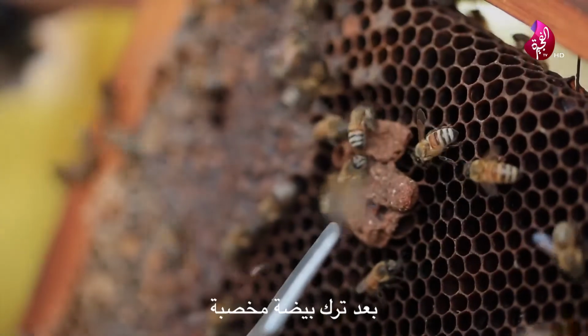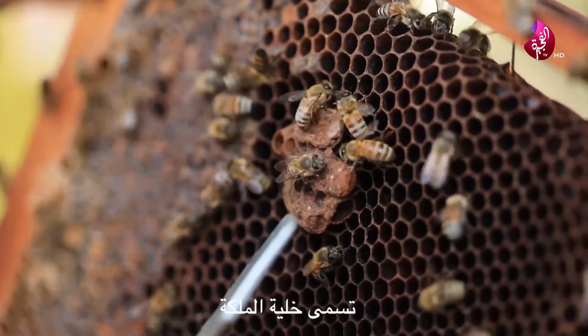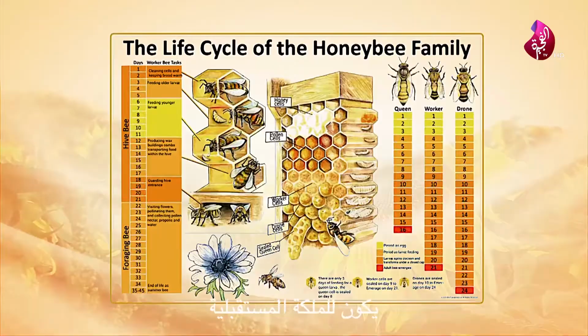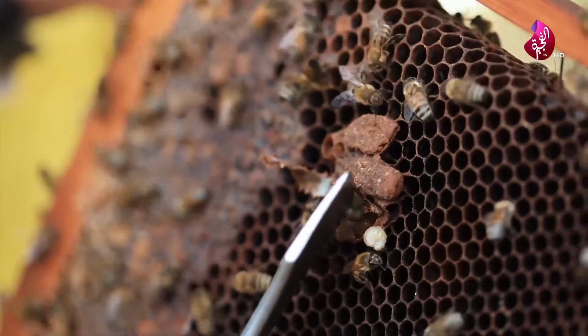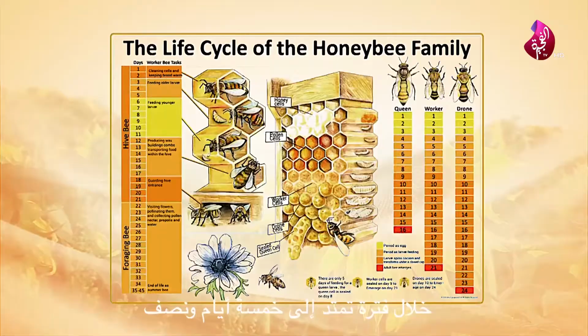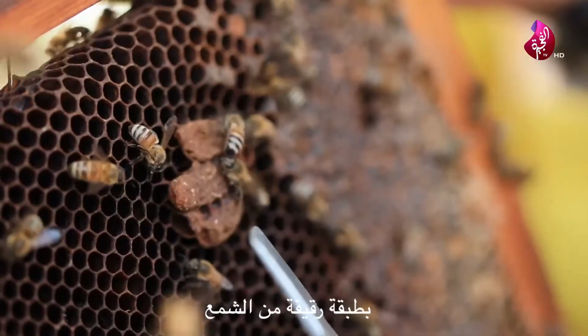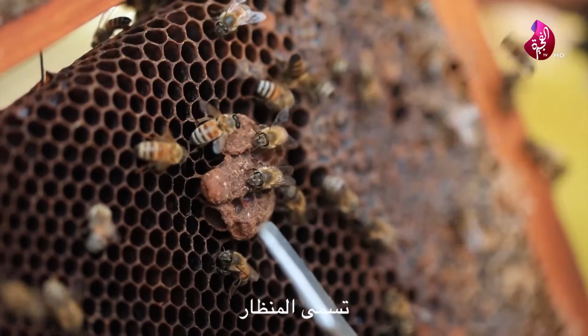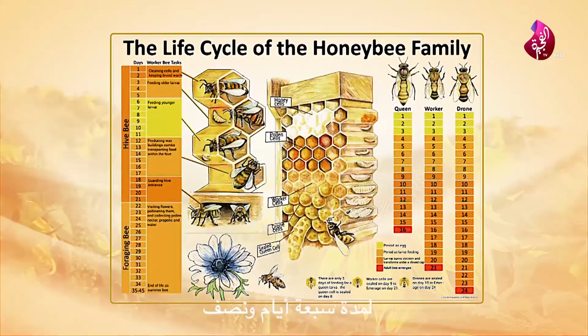After laying a fertilized egg in a larger cell called a queen cell, the future queen has a 3-day cycle as an egg. After hatching and turning into a larva, she remains in that stage for 5.5 days, and after the cell is closed with a thin layer of wax called an operculum, the future queen will remain for 7.5 days in the form of a pupa.